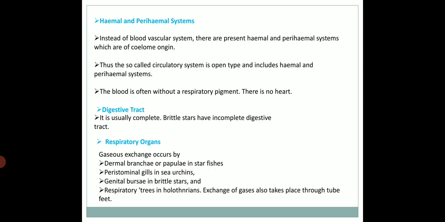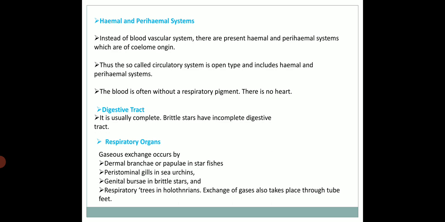Next important is the hemal and perihemal system. Here, instead of a blood vascular system, there is a hemal and perihemal system, which is again of coelomic origin.